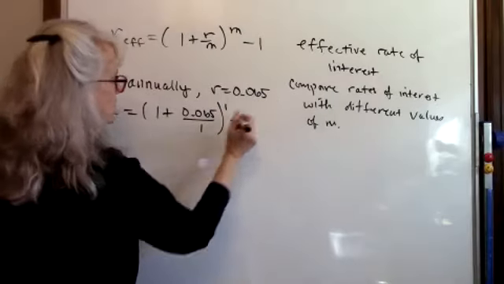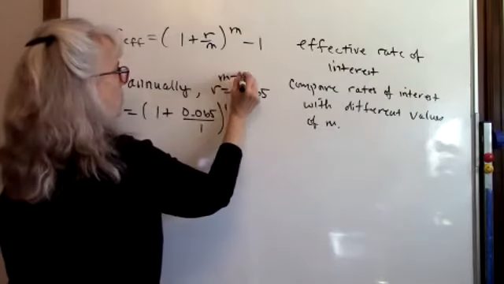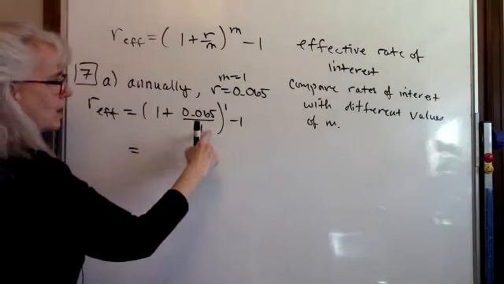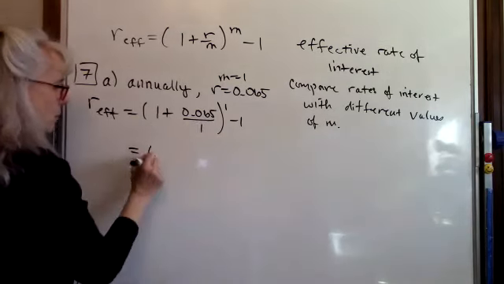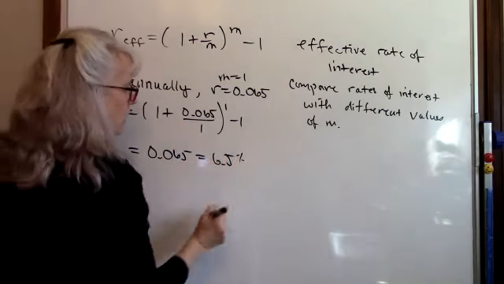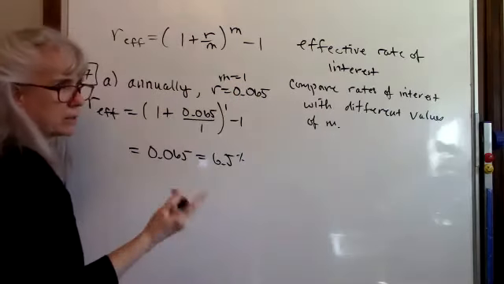And again, what we're using here is m equal to 1. Okay, and if you run that through your calculator, you get 1.065 minus 1, which sure enough gives me 0.065, which is 6.5%. And again, it's not a surprise because annually and the conversion period of yearly are the same thing.